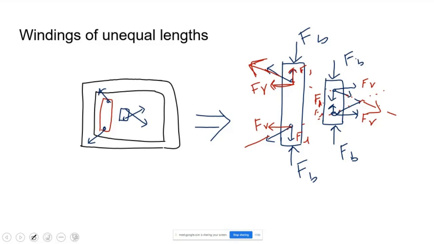Now, due to external forces, what kind of axial force will the primary be experiencing? Due to external forces, what kind of force will the primary be experiencing?